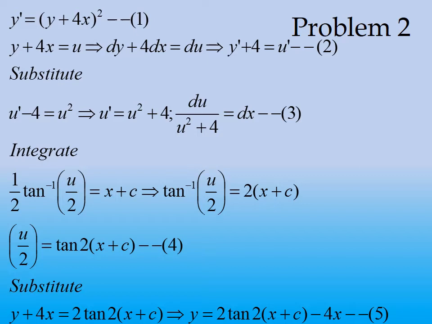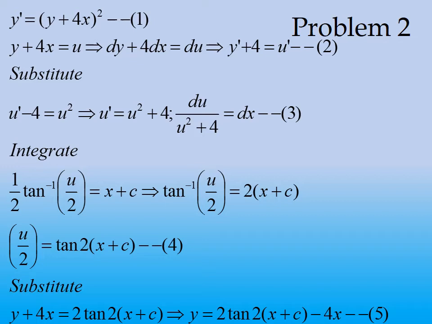Now you substitute this value in the ordinary differential equation, then you can get u prime minus 4 is equal to u squared, because y prime is equal to u prime minus 4. So if you simplify this, it is u prime is equal to u squared plus 4. So we can write it as du by u squared plus 4 is equal to dx.